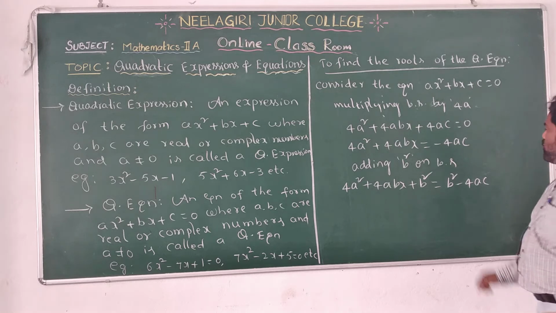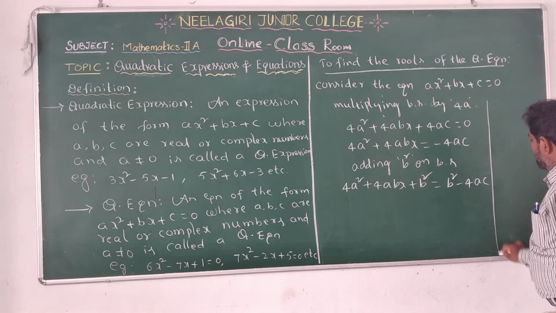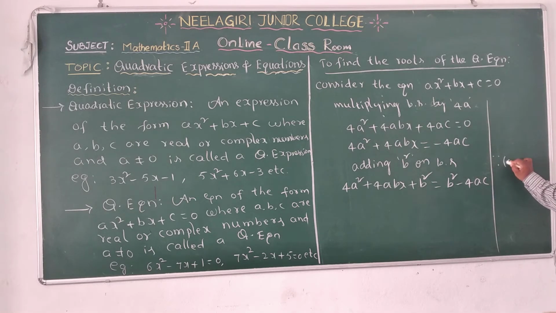Now we know the formula for a plus b whole square: a square plus b square plus 2ab.